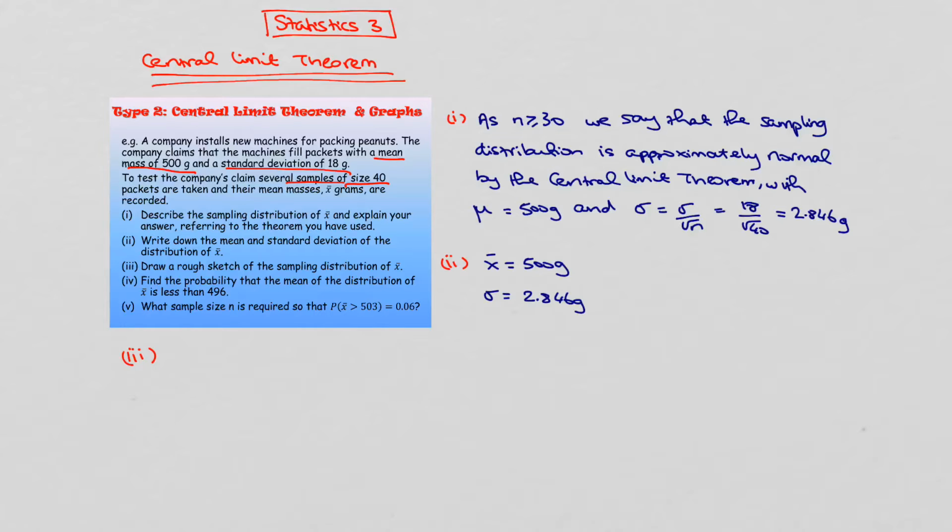So if we draw a rough sketch, well, we know it's going to be normally distributed. And we know what the mean is. So our mean is 500. We know what our standard deviation is. So if I do one standard deviation away from the mean, I'm going to add on 2.846 to that.